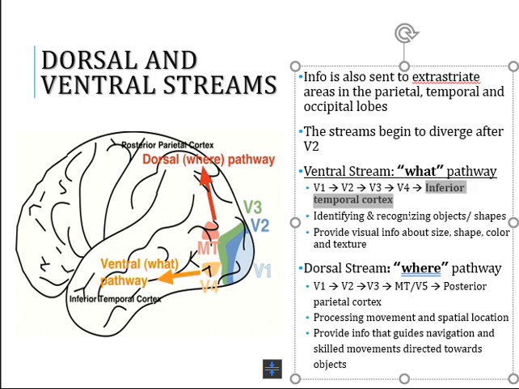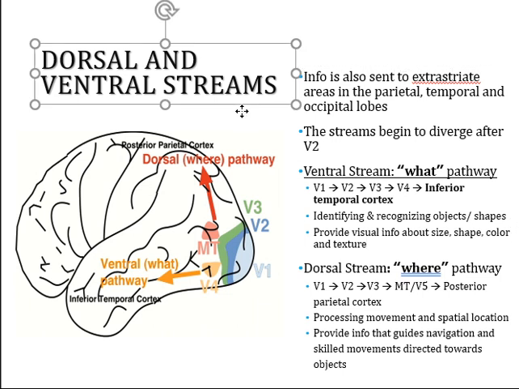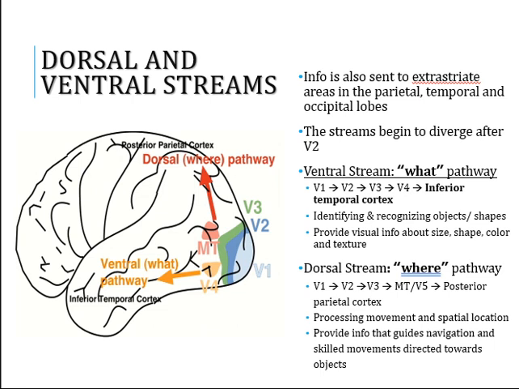which is the what pathway, as the name may suggest, responsible for identifying and recognizing objects or shapes, and they provide visual information about size, shape, color, and texture. So what is the object that we're looking at? The dorsal stream, on the other hand, is the where pathway. So it goes V1, V2, V3, but instead of going to V4, it's going to the medial temporal lobe, or V5, to the posterior parietal cortex.